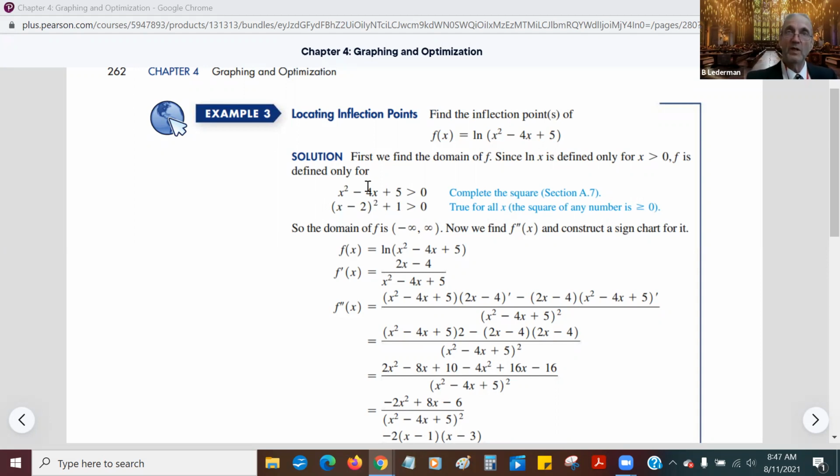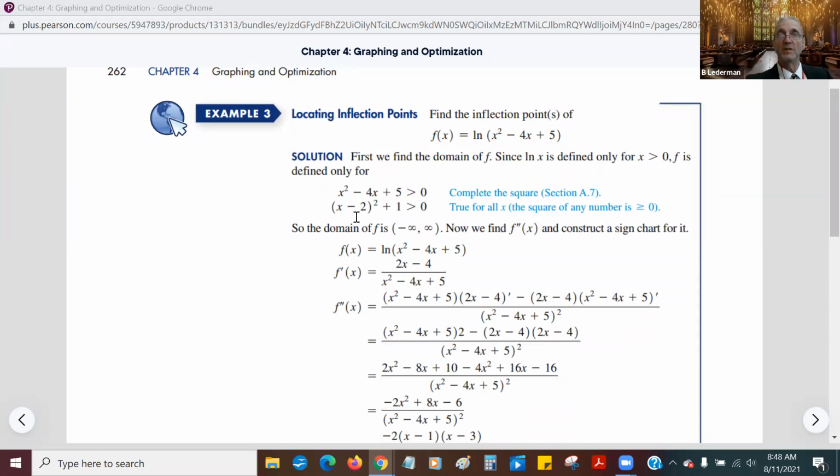So I want to know when x squared minus 4x plus 5 is greater than 0, and this is equal to x minus 2 squared plus 1. In other words, I'm rewriting the parabola in this way, and that tells me that this parabola is always positive, because x minus 2 squared is never negative.